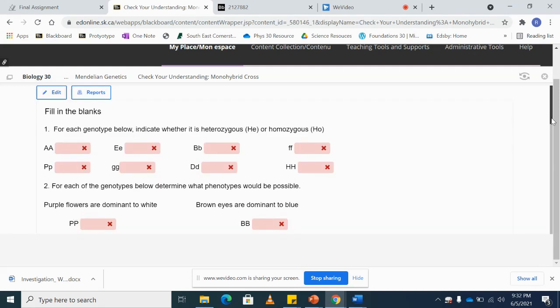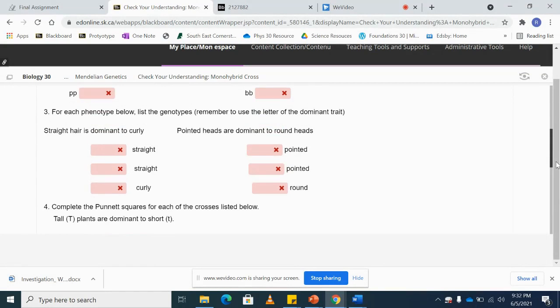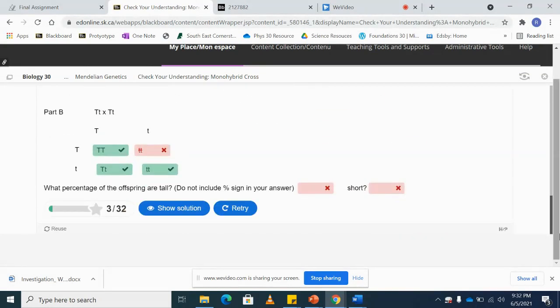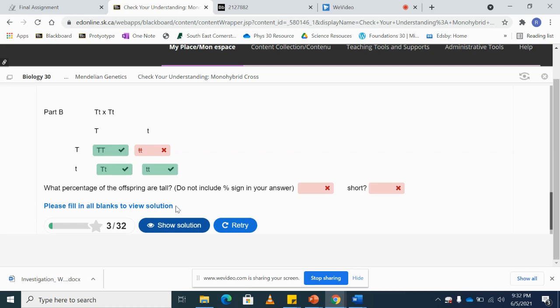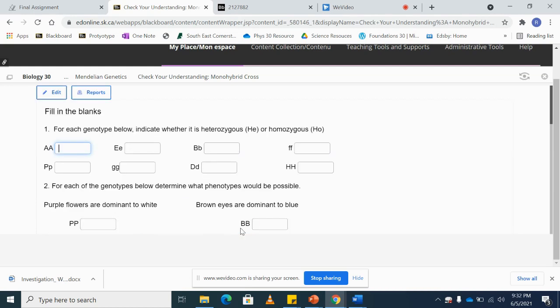So when they submit everything, let's just pretend that they answered every single question. Whatever questions they get right, they will have a check mark, and they will get a cross for the question that they did not get right, and then they will get to see the solution as well, and they can retry to get the hang of it.